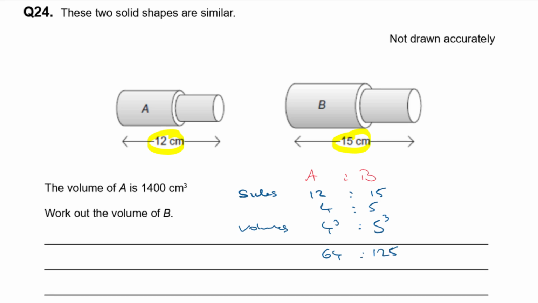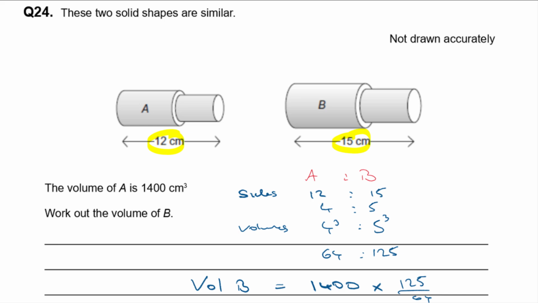Okay, so then the volume of the bigger one is going to be the volume of the smaller one. So the volume of B is going to be the volume of the smaller one, 1400, and then we need to divide it by 64 and times it by 125 then. So it's going to be that, isn't it? So 1400 times by 125 and divided by 64.